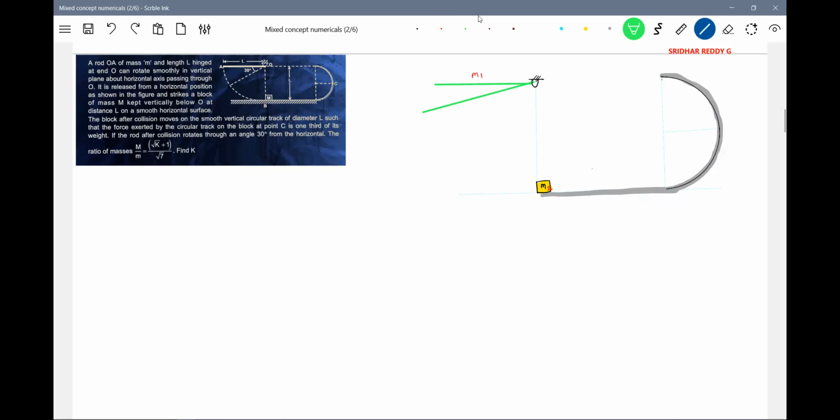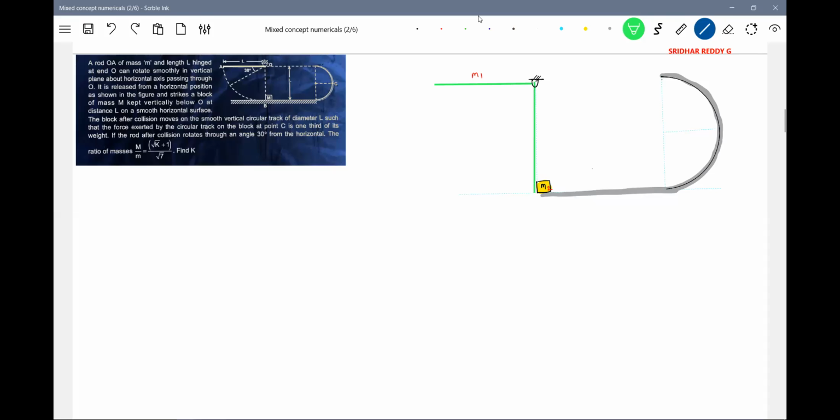So this rod, it will swing, come and collide. We have to take the collision between the rod and this particular particle, or the small block. You can't apply the collisions idea there. Coefficient of restitution, you can apply, but not the linear momentum collision idea, because the momentum is not the linear momentum. So the rod will come and collide here.